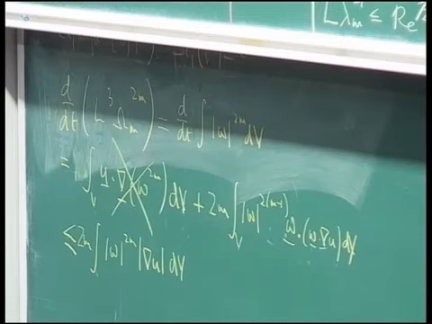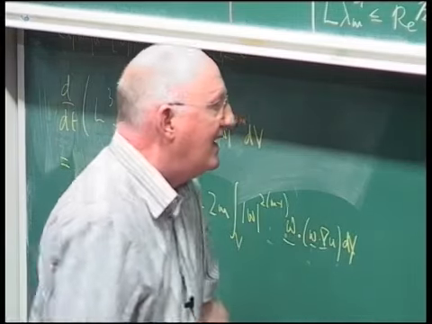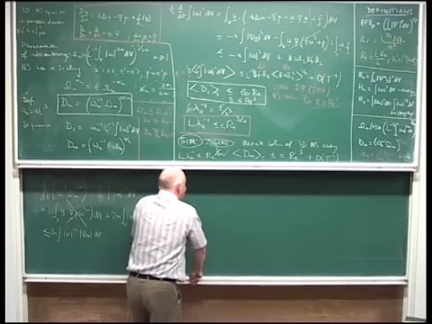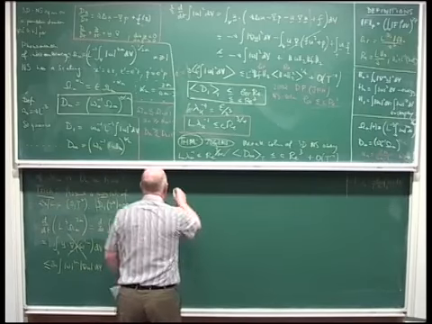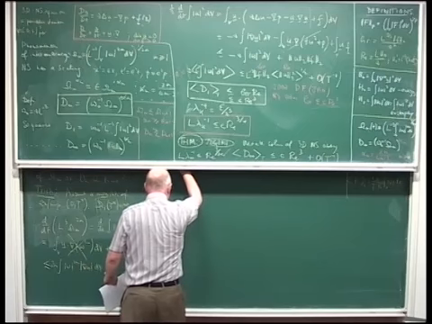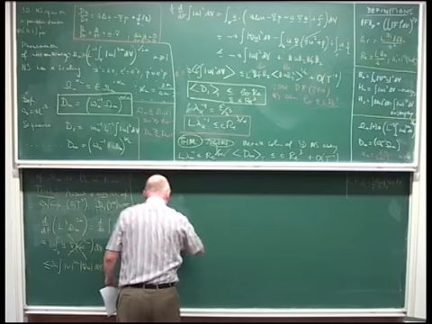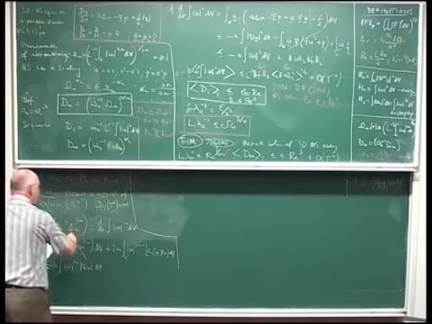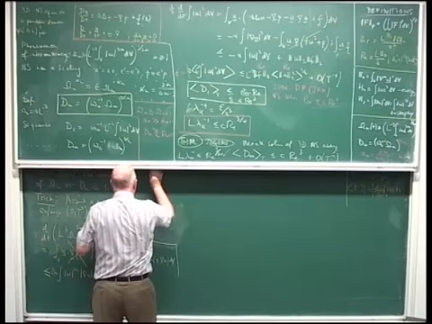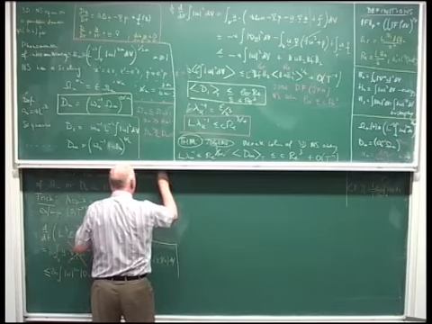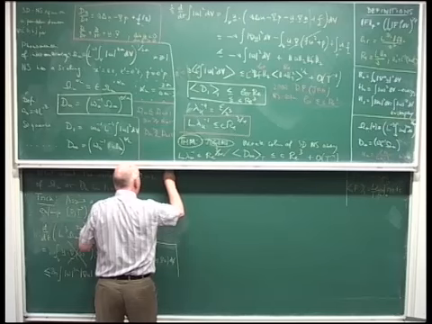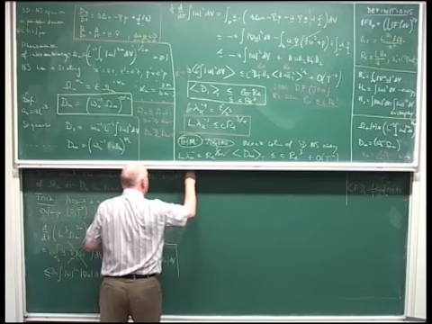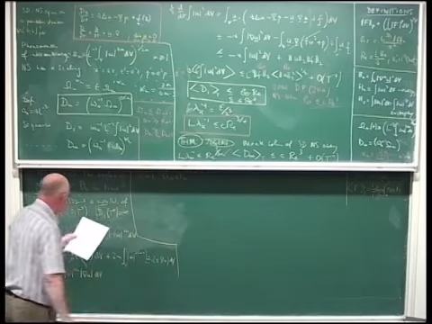So I'm going to break this up, and you'll see why I'm doing this in a moment. Now this thing is 2m L cubed, omega m dot omega m to the 2m minus 1.